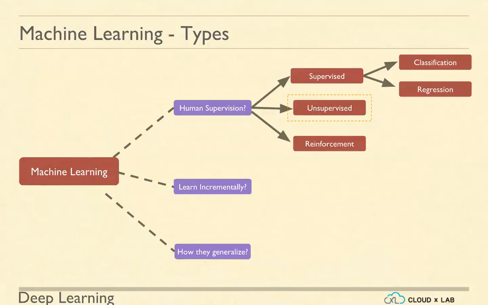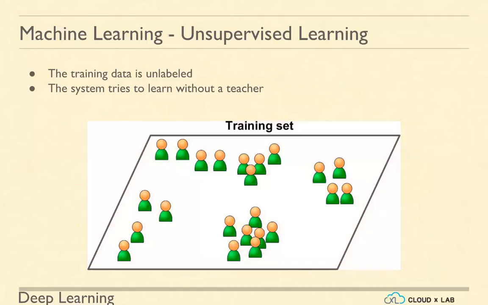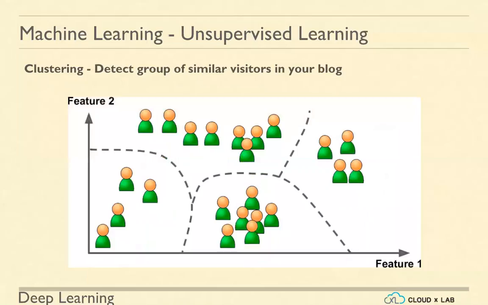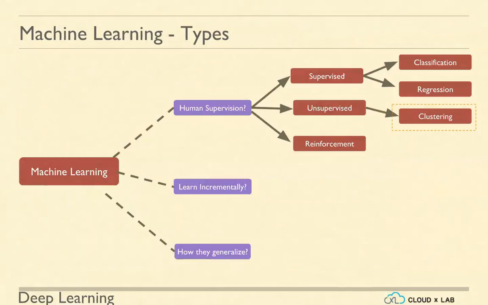Unsupervised learning is the one where you don't have labeled data, you have unlabeled data, and the objectives are different. Here we try to either do clustering or hierarchy creation.